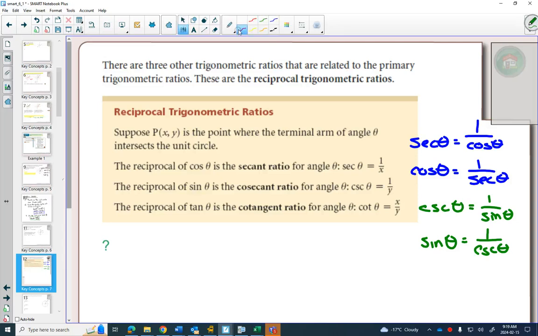And cotangent theta is 1 over tan theta. So that means tangent of theta is 1 over cotangent of theta.